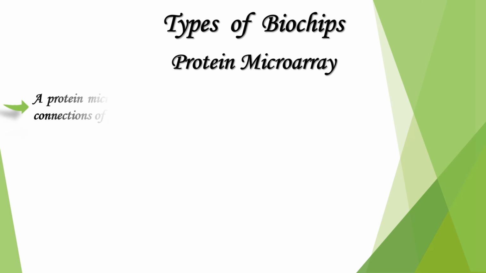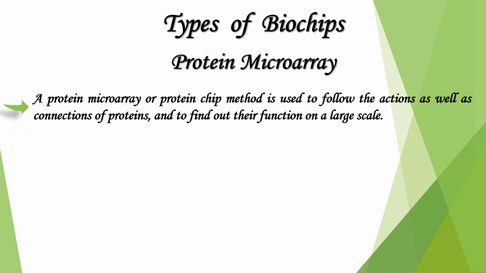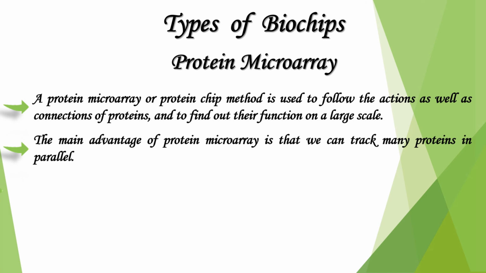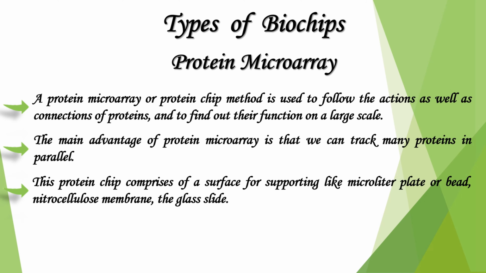Protein microarrays. A protein microarray or protein chip method is used to follow the actions as well as connections of proteins, and to find out their function on a large scale. The main advantage of protein microarrays is that we can track many proteins in parallel. This protein chip comprises a supporting surface like a microtiter plate or bead, nitrocellulose membrane, or glass slide.